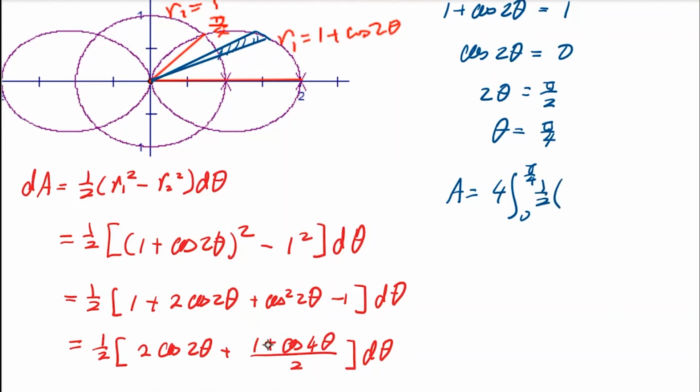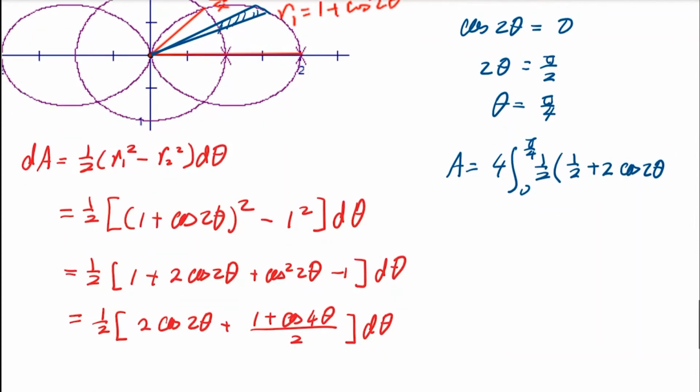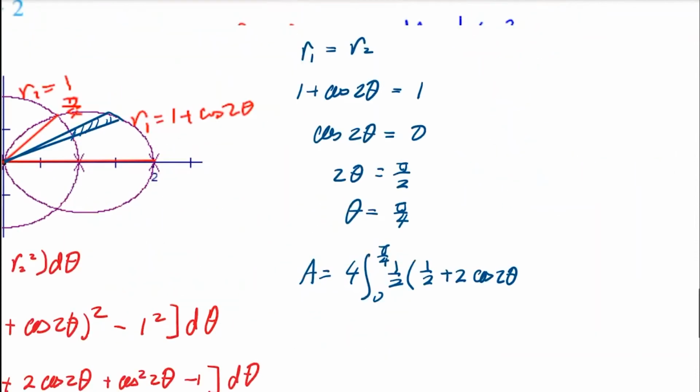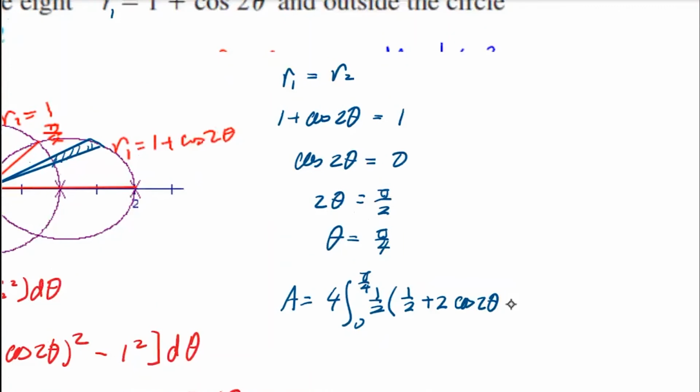This is 1/2 right there, so I'm going to put 1/2 first. Then we have plus 2 cosine 2 theta, and then this is 1/2 cosine 4 theta. So we have plus 1/2 cosine 4 theta. You with me? Who's lost?